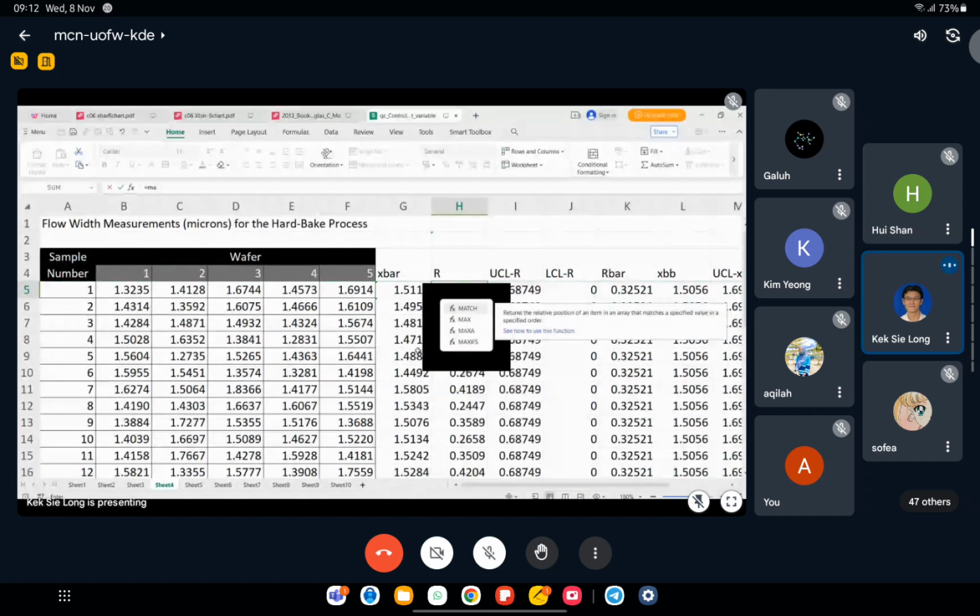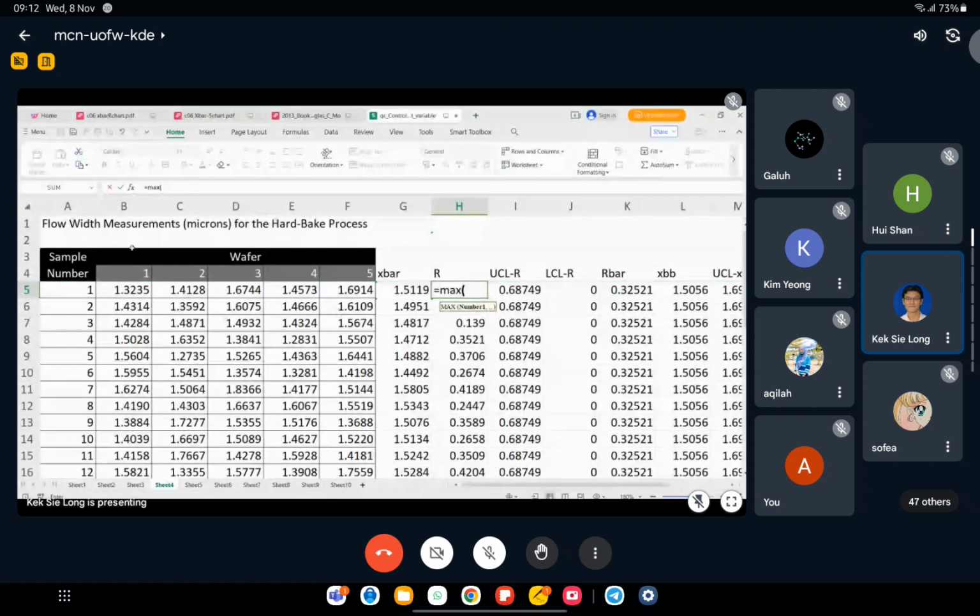So what we shall do here is type equal and then maximum, and then highlight these 5 numbers along the row, and then this is to ask Excel to select the maximum number from these 5, from 1, 2, 3, 4, 5, pick a maximum number, and then minus, again use a command, minimum, again highlight these 5 numbers, minus, or we ask the software to choose the minimum from sample 1 to sample 5. So this is maximum. Pick the maximum one minus the minimum one. This is to calculate the range.